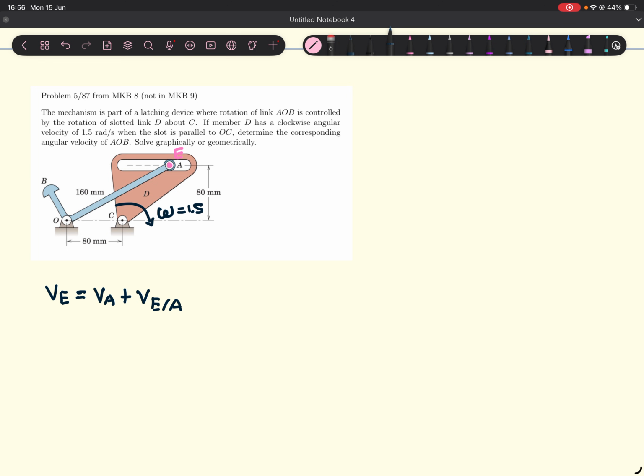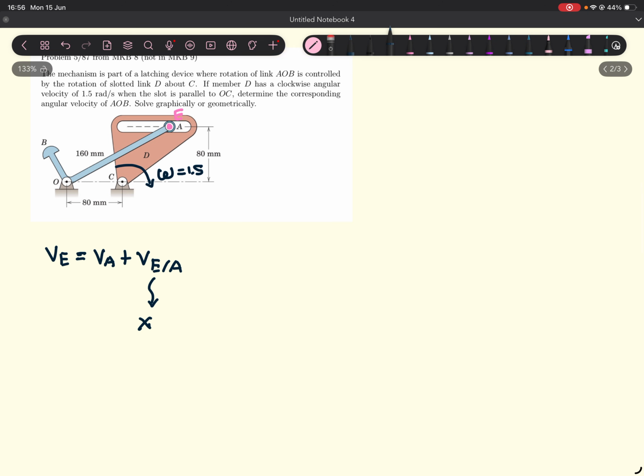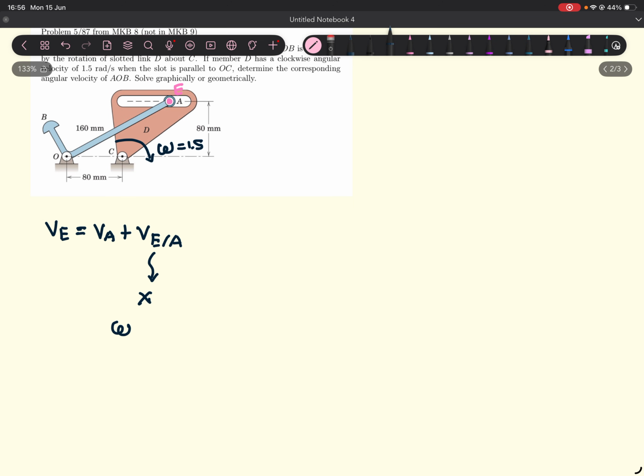Yeah, so point E and point A aren't on the same rigid body, so we can't break this up into omega EA crossed with R, E relative to A, purely because this thing doesn't exist.